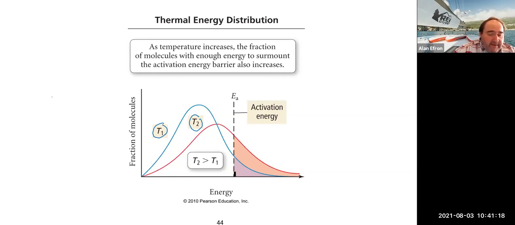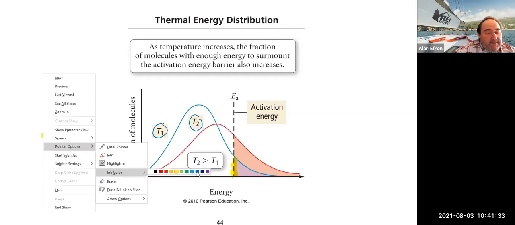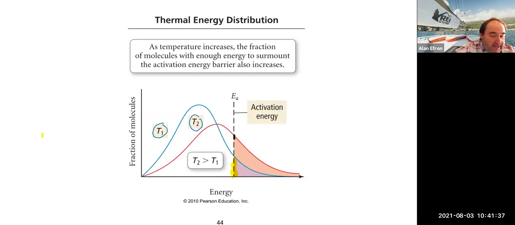If we look at the activation energy up to the lower temperature line, that is the proportion of molecules that have a sufficient amount of energy to get up and over the hill to make products. Now, if we look at the higher temperature at that activation energy, we have, I'll go to the right of it down here, this much fraction of molecules that now have a sufficient amount of energy to get to the other side.